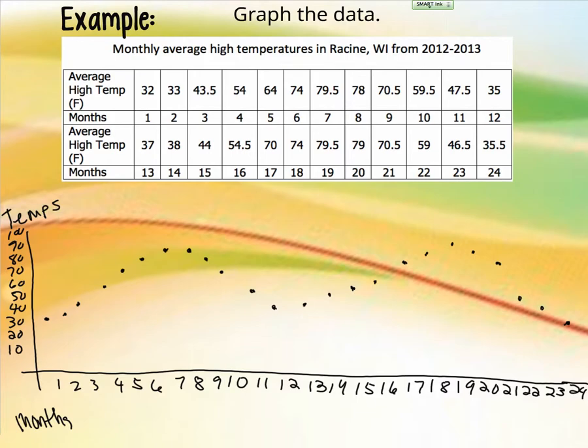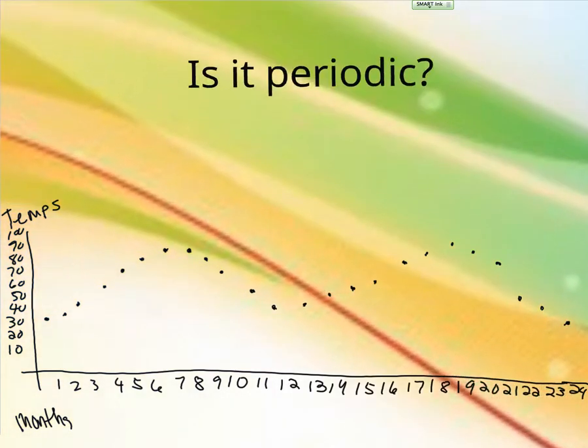Before I go to the next slide, what do you think the period is? How many months pass before we start making that same pattern again? About 12. We start low, go up, come back low. Low, up, back, low. So it looks like our period is 12 months.